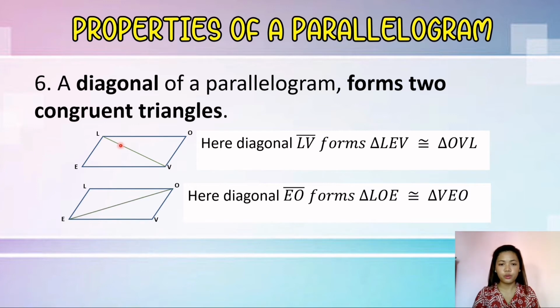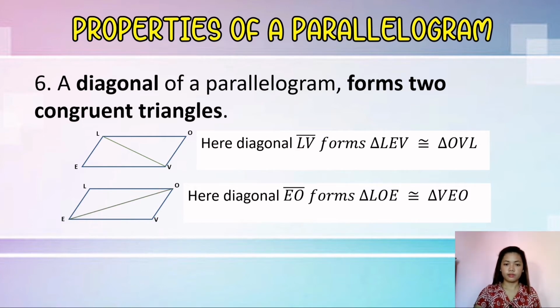And what are those? We have triangle LEV and triangle OVL. So using the other diagonal, which is diagonal OE, it will also form two congruent triangles. And ano yun? We have triangle LOE and triangle VEO.